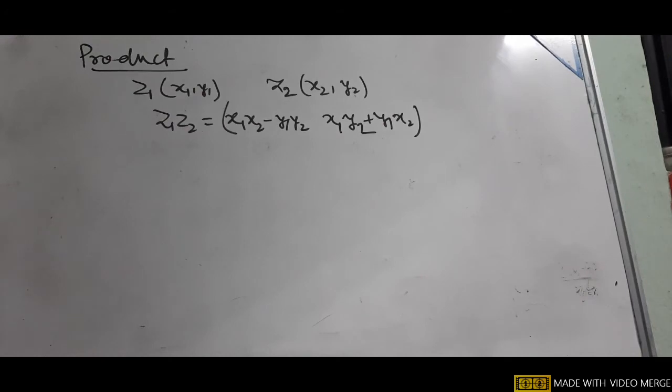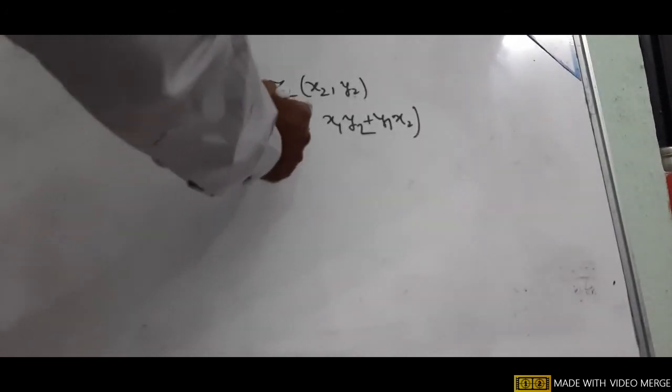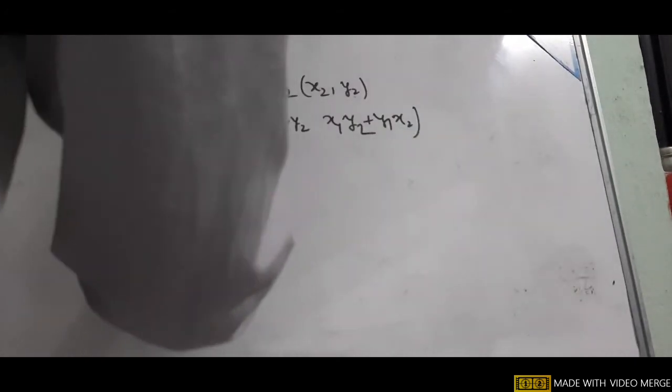So Z1 Z2 is written as x1 x2 minus y1 y2 plus i times x1 y2 plus y1 x2.